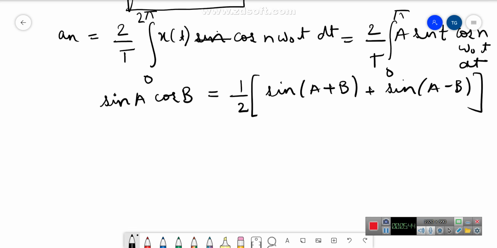So we can just substitute it over here. We know the value of T is 2 pi, so the 2 gets cancelled. And we have here A; A is a constant, so it went out.